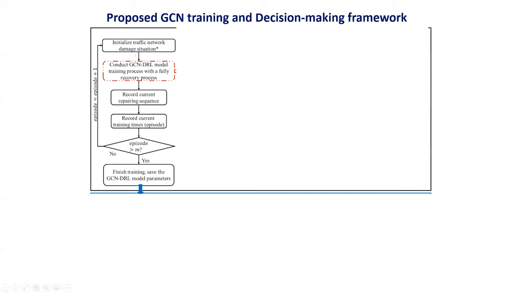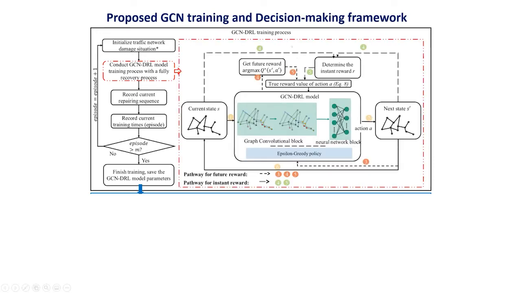As you can see in this process, the most important thing is how we train our JSON DRL model to predict the most optimal recovery sequence. Here we introduce the JSON DRL model as shown in this picture.